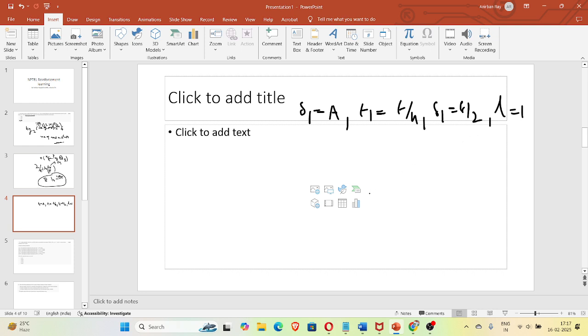So we sample every arm this many times, which I had shown previously: 1 by (epsilon by 2) square log of 3 by delta l.